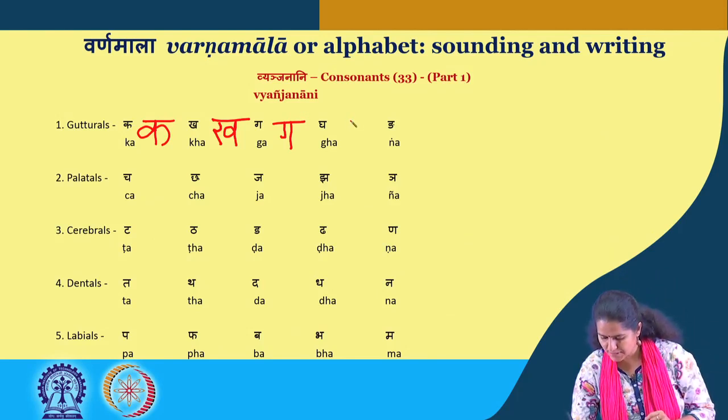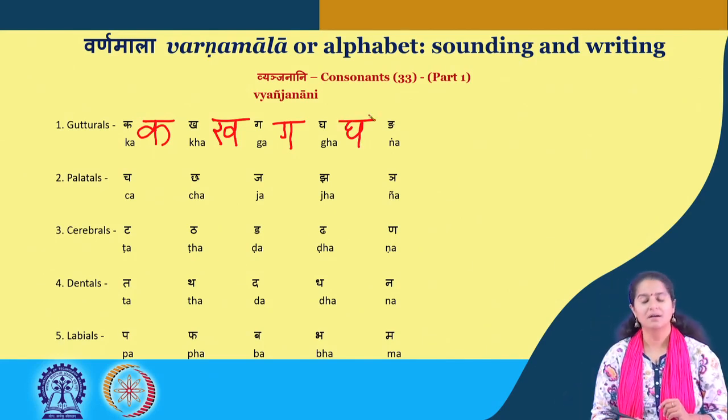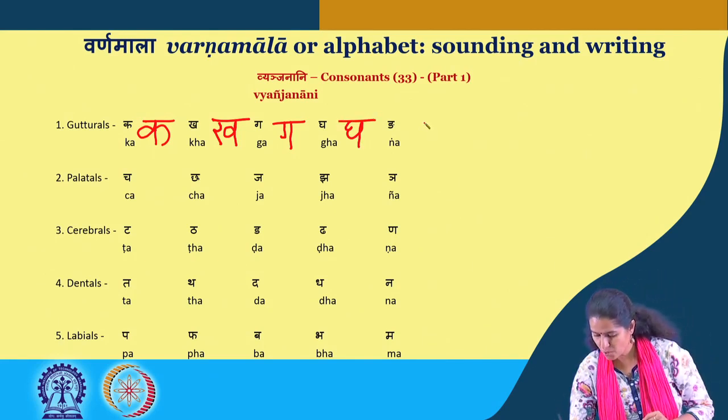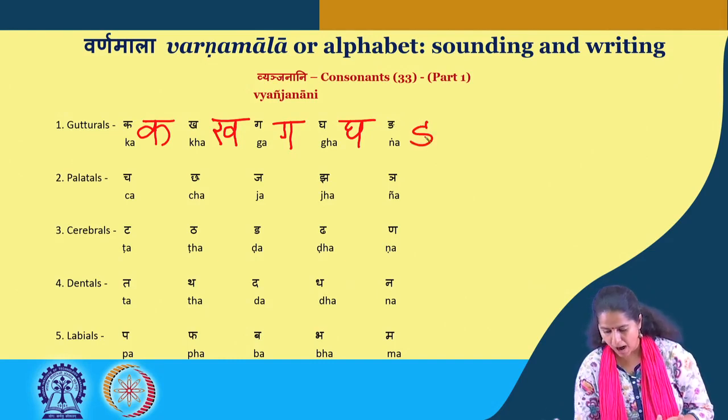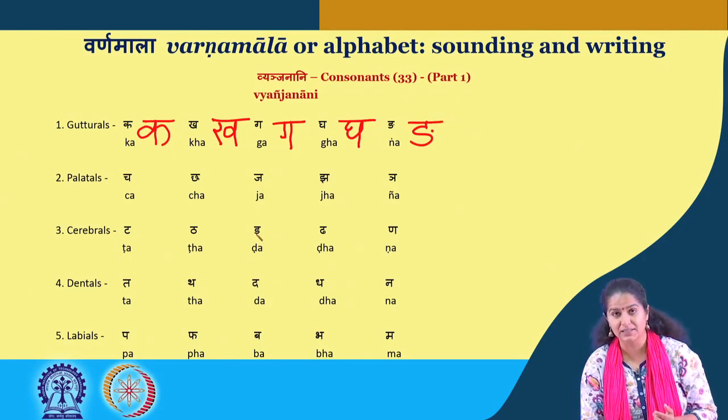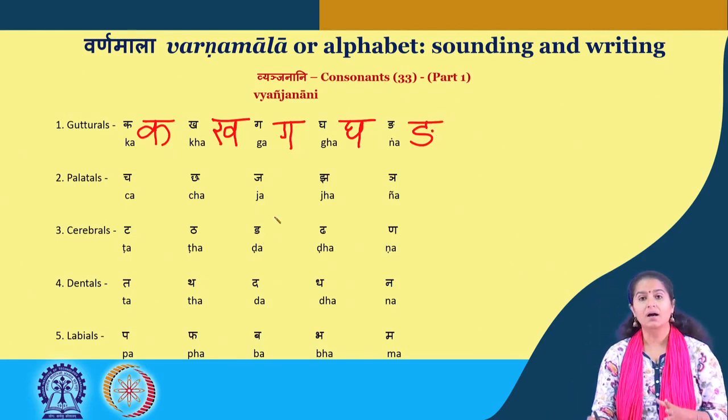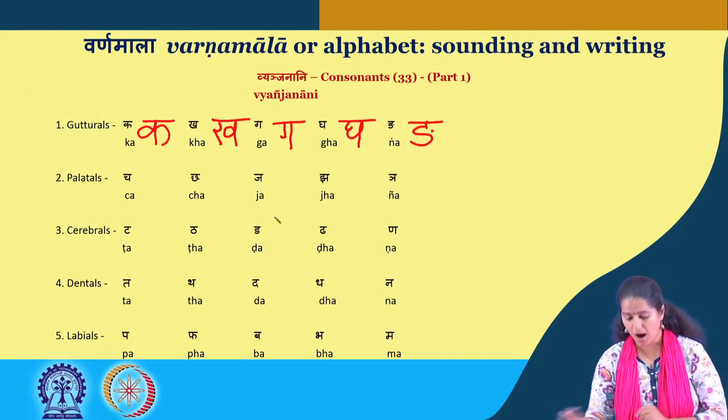Then you have a sleeping reverse 3 and the stick, gh. And then you have, it's like an E but without the tail, and you have to put the dot in, otherwise it will become the letter d. Alright, so k, k, g, gh, ng.